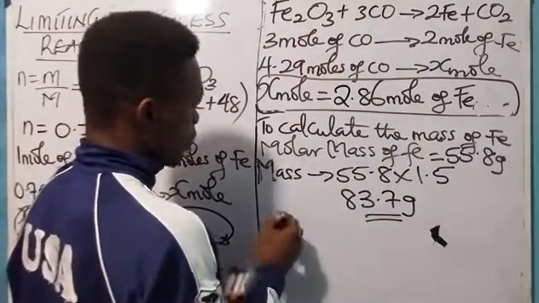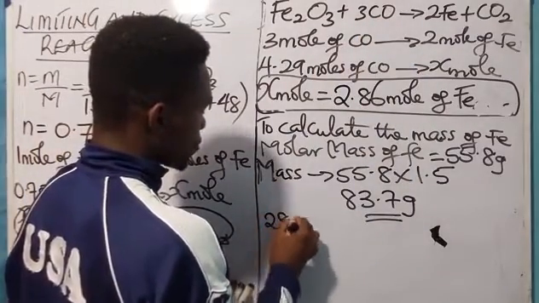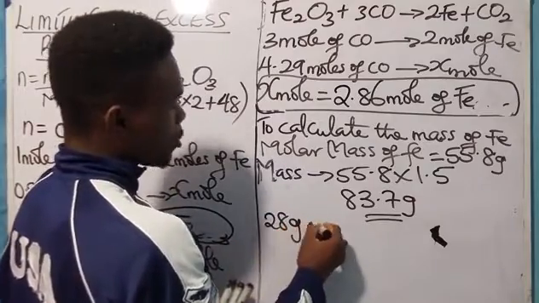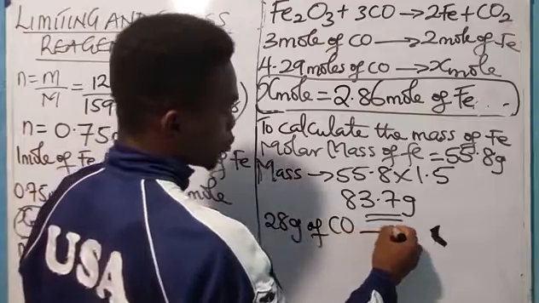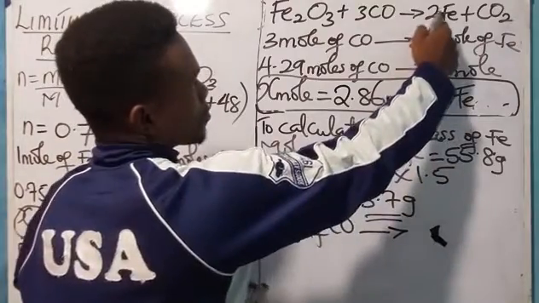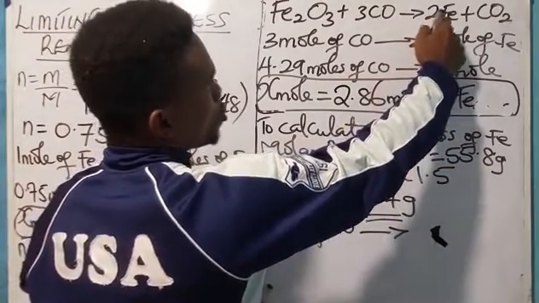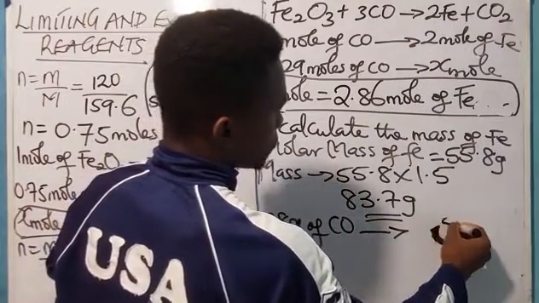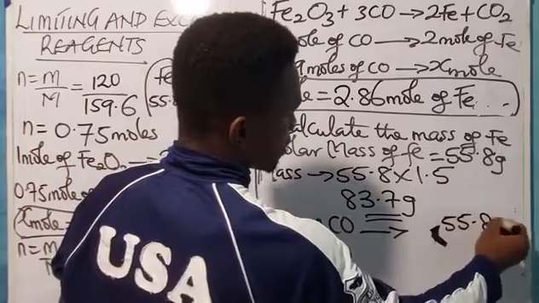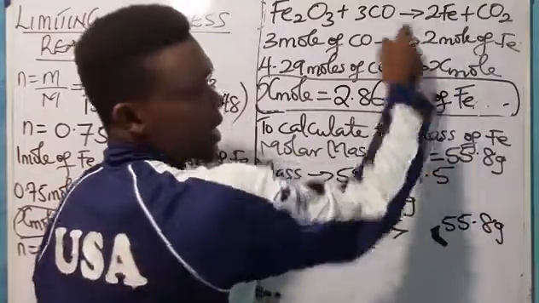It is 28 gram. So 28 gram of carbon monoxide will produce 55.8 gram of iron.